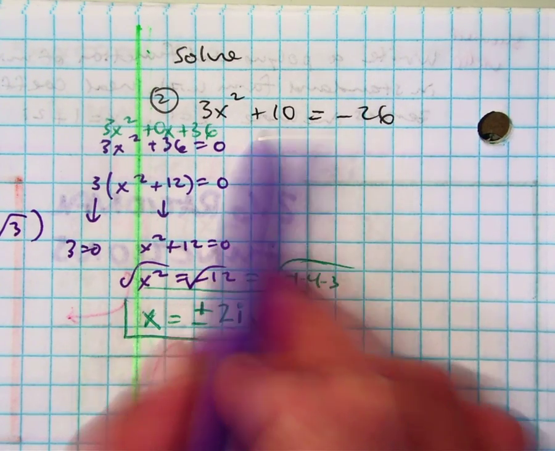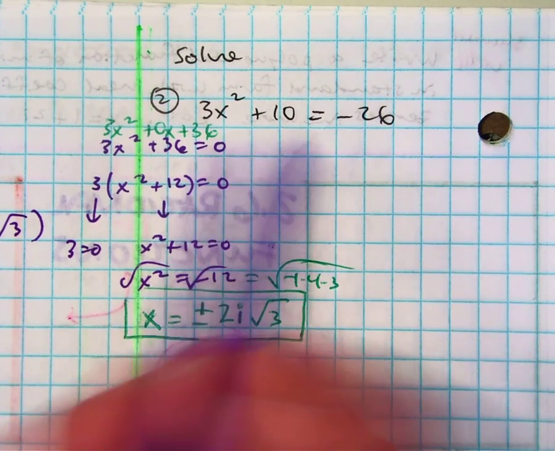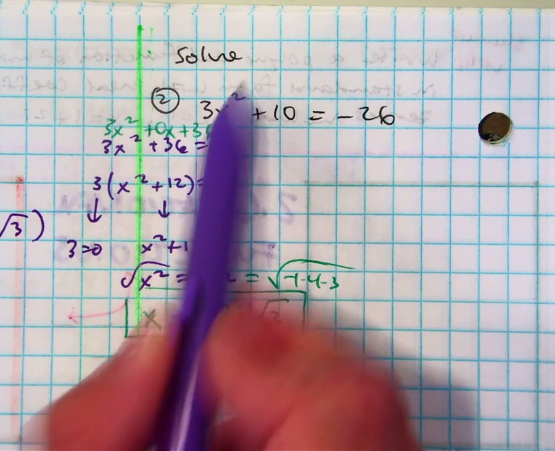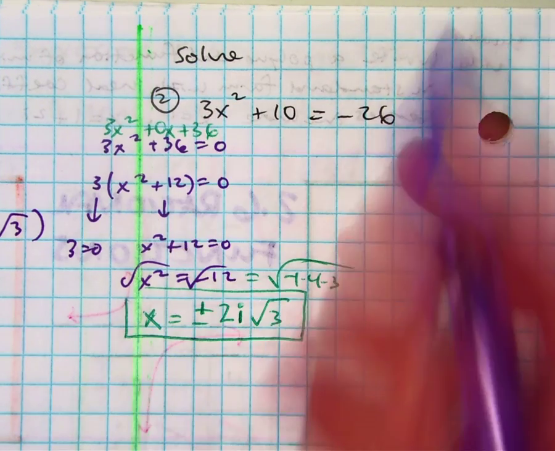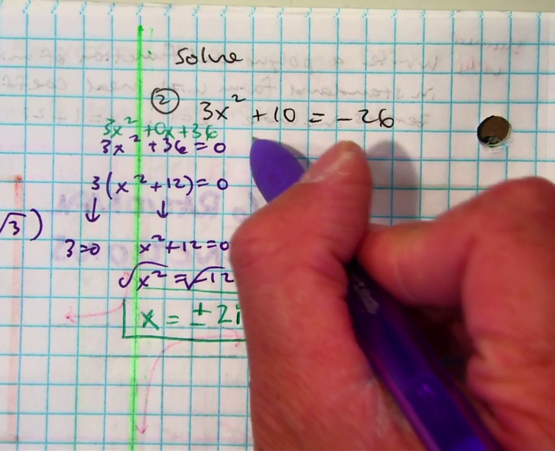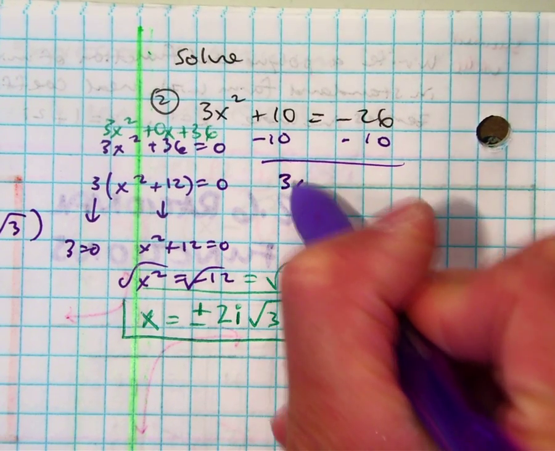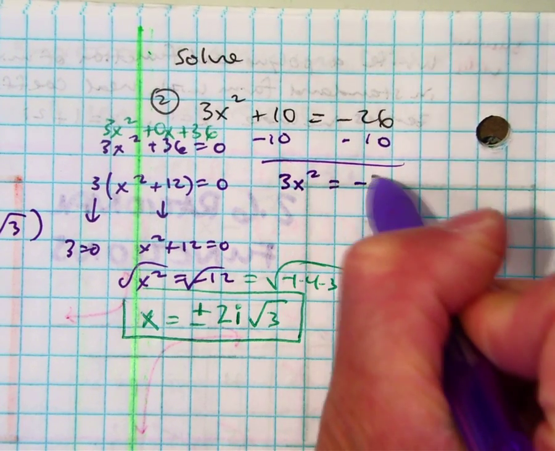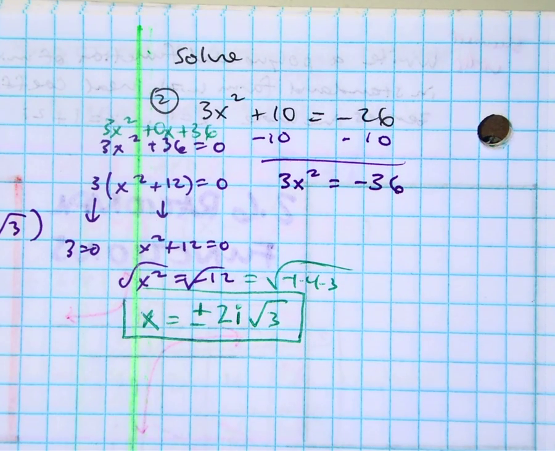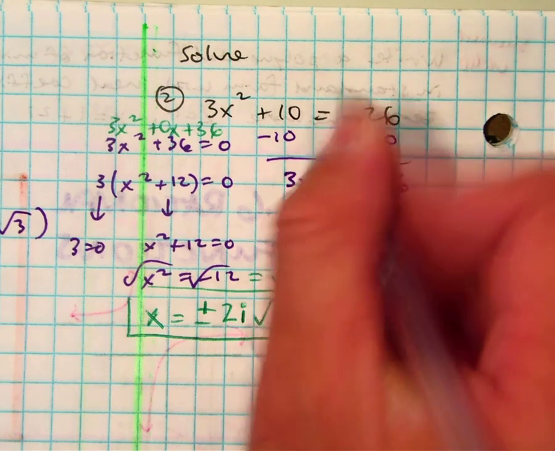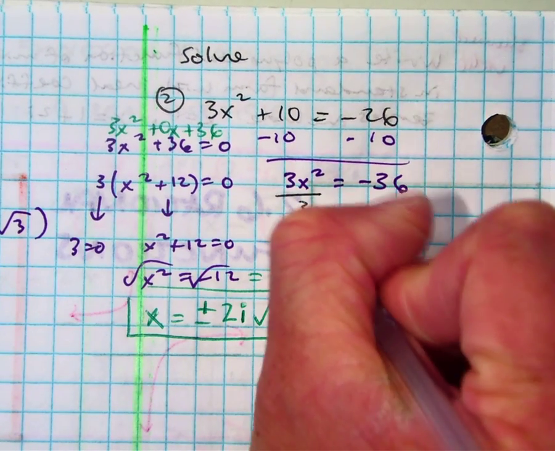This method says move the constant to the right side. It usually works best when you only have one variable, and the variable is the power of 2. So I'm going to subtract 36 from both sides. I get 3x squared equals negative 36. I'm not going to take the square root yet. I want x squared isolated, so I divide by 3.